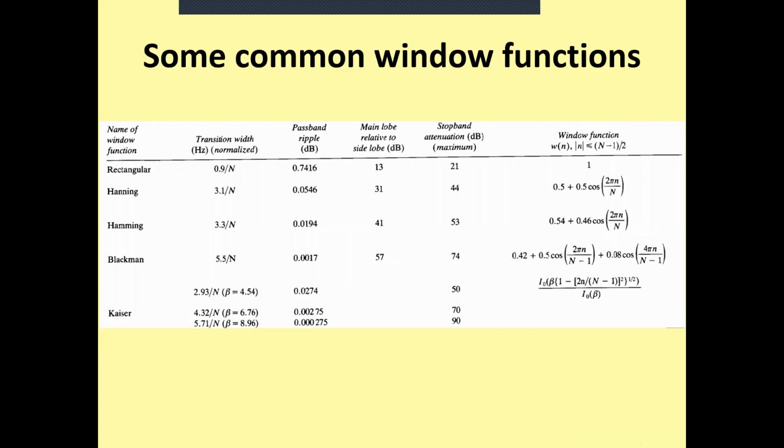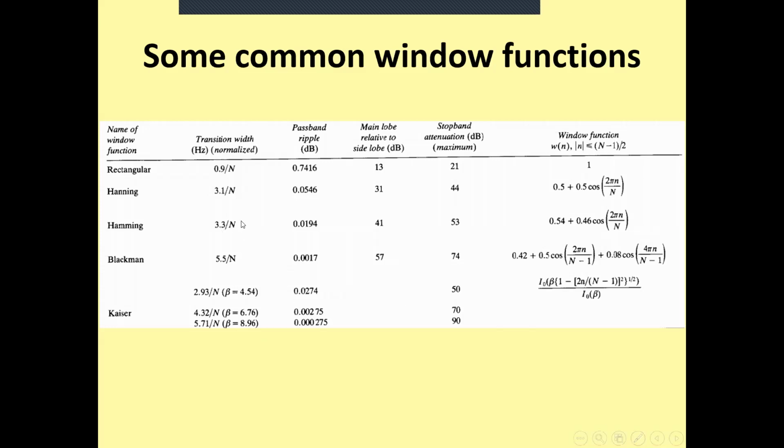So this column, I mean 3.3 over N capital, represents the transition width of the filter. So if you equate this value, 3.3 over N, to the transition width, at that time, we can calculate the N capital.